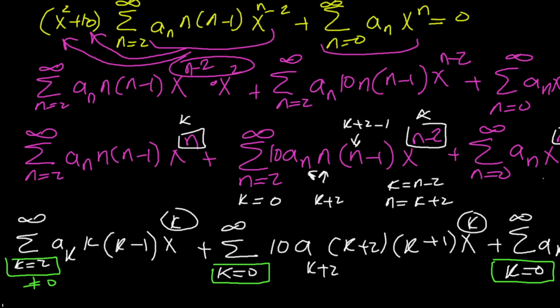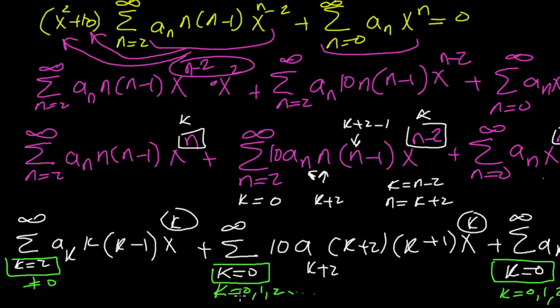That's not 0, so we cannot put them together. But from what you know in the past, we can try to make this k equal 2, or actually make these others k equals 0. It's k equals 0, 1, 2, and so forth. So k equals 0, 1, 2, and keeps going.